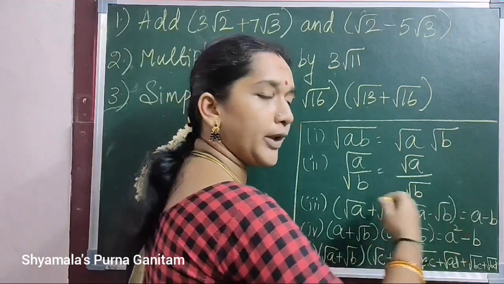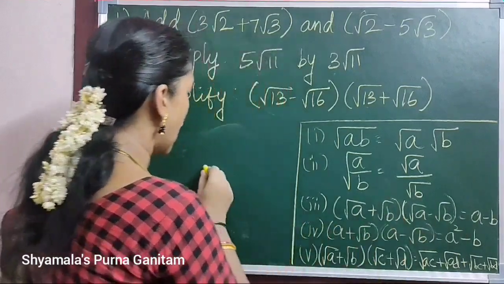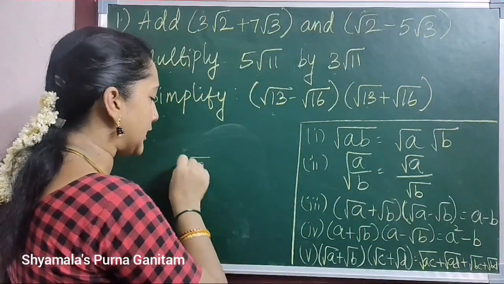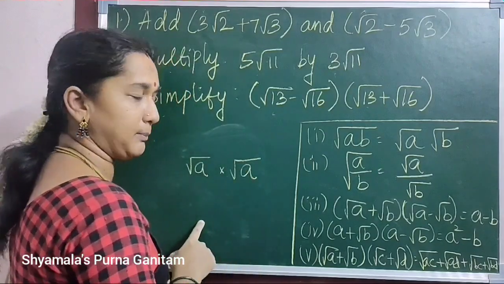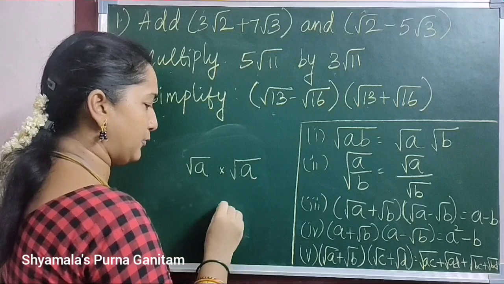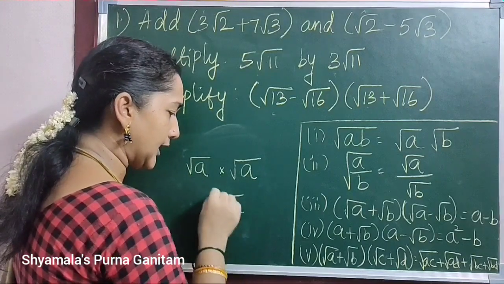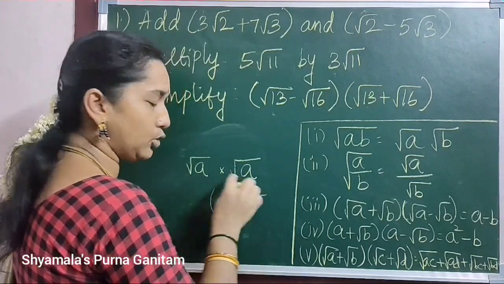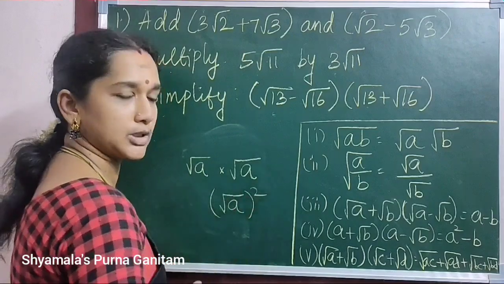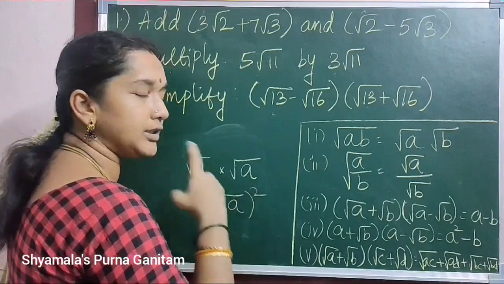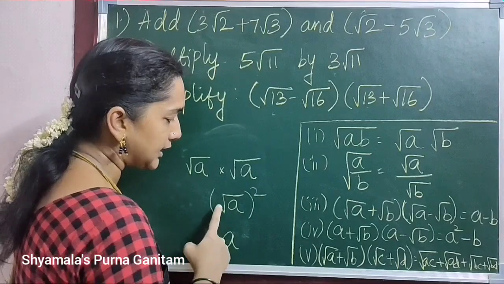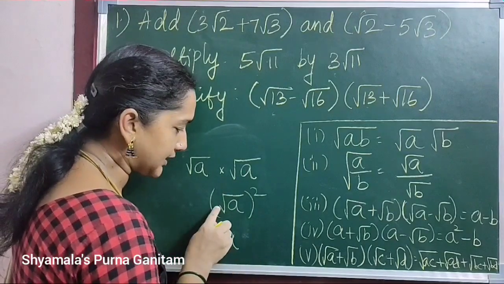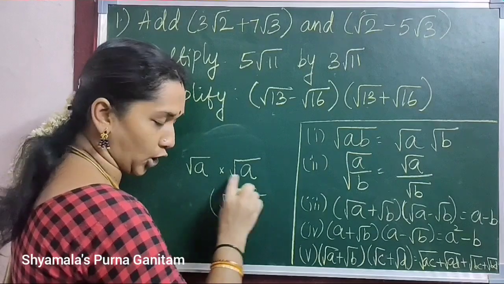Okay. So before going into this, I will explain how you are getting when you multiply any two root values. Root A into root A when we are multiplying. The meaning for this is root A the whole square. Two numbers are there. So root A the whole square. How this root value and this 2 will be removed? That means the meaning for that is root, since it is square root, root of.